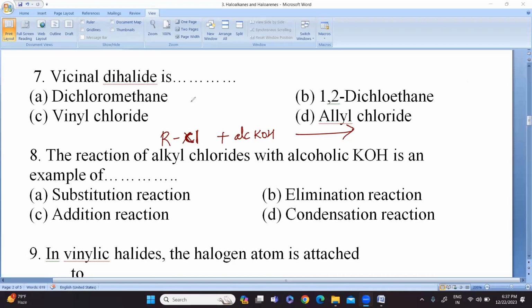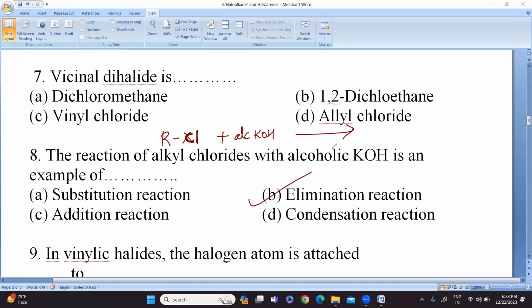The reaction of alkyl fluorides with alcoholic KOH is an example of A, substitution reaction, B, elimination reaction, C, addition reaction, and D, condensation reaction. So this is an example of elimination reaction.